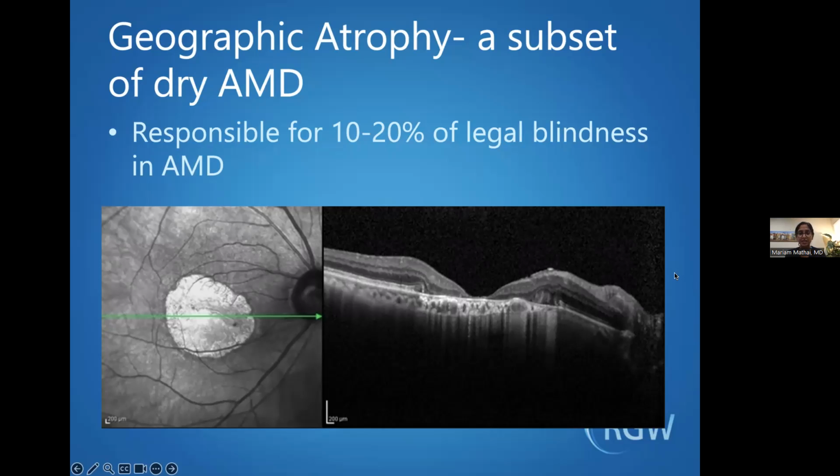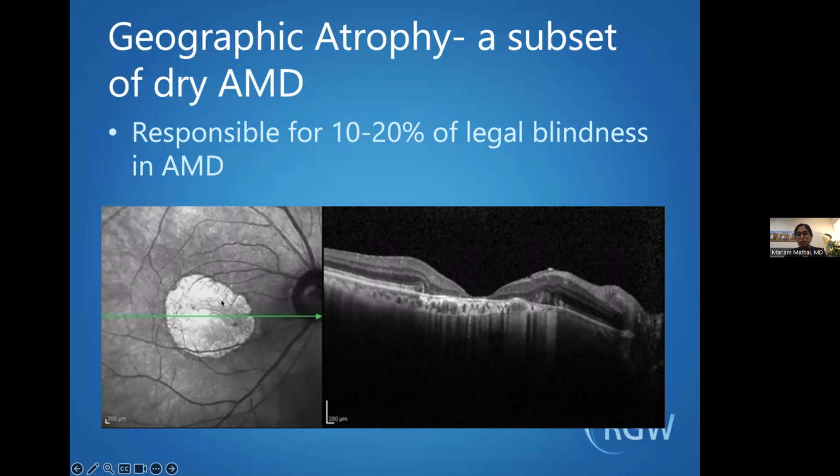Prior to last year, there were no treatments available for geographic atrophy. And this has been a really great year for retina in general and eye health in general, in that the FDA approved 2 treatments that slow the progression of dry age-related macular degeneration for patients who have geographic atrophy, to prevent this from taking out their central vision.